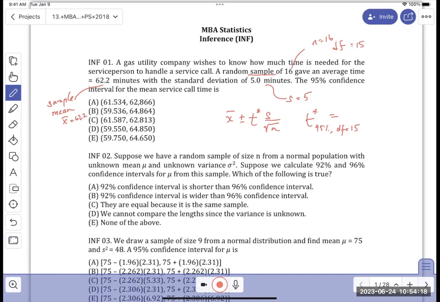So find me the T for 95% with 15 degrees of freedom.